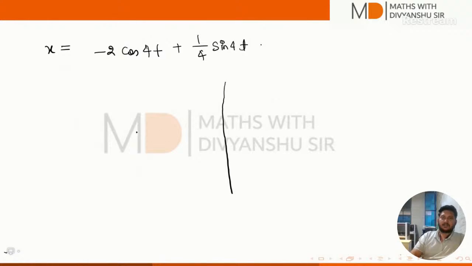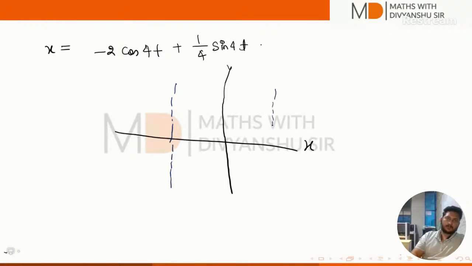So take one graph here: here is the x portion, here is the y portion, and here my graph looks like this because we are drawing between 1 and -1. Here is 1 and here is -1, and my graph between this looks like this, and the point is 0 comma -1.